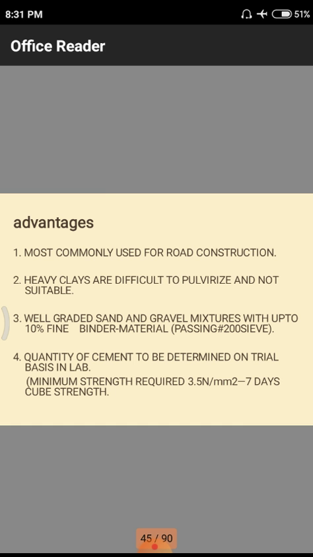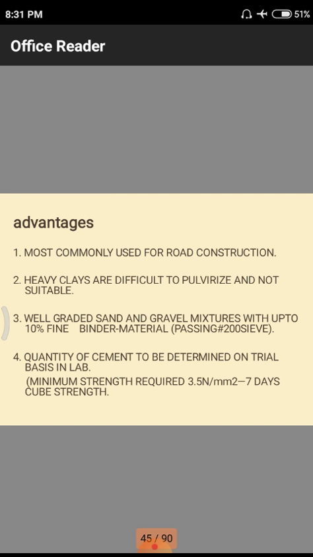Next, well graded sand and gravel mixtures with up to 10% fine binder material, like that passing the sieve, is another advantage. Fineness means that whenever we take 1 kg of material, nearly 100 grams of it is very fine. In those cases we get a good quantity of strength.